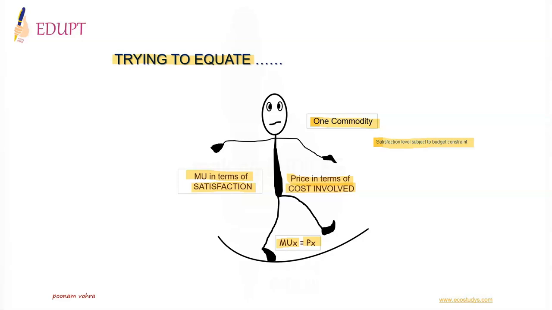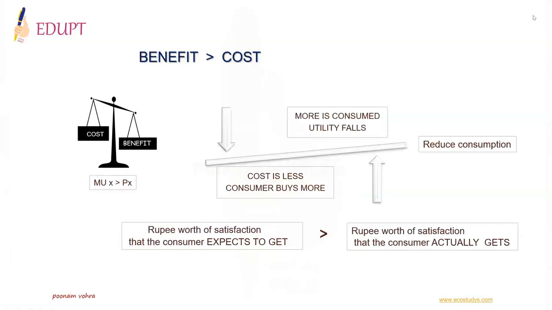So the consumer compares the price or cost involved of the given commodity with its utility or satisfaction by consuming it. So being a rational consumer, he will be at equilibrium when marginal utility of X is same as price of commodity X. The goal of every consumer is to attain equilibrium between the benefit that he gets by consuming the commodity with the cost that he has to pay for it.